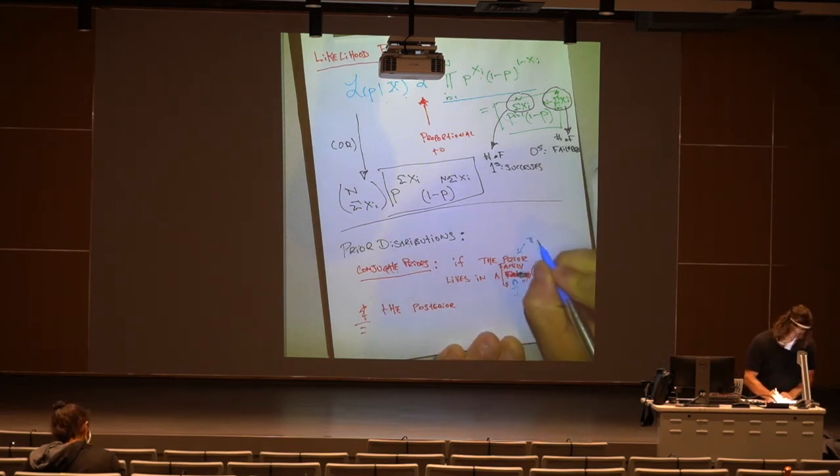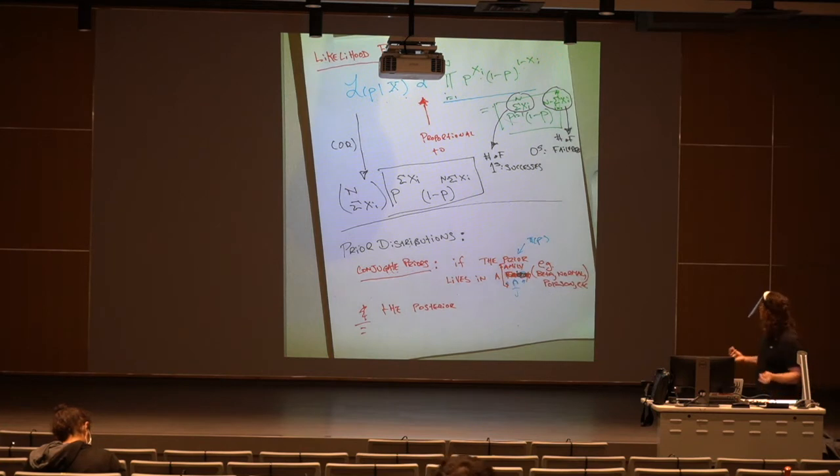I'm going to call this pi p. I use pi a lot for my functions when I'm doing Bayesian stuff, I'm not sure why.